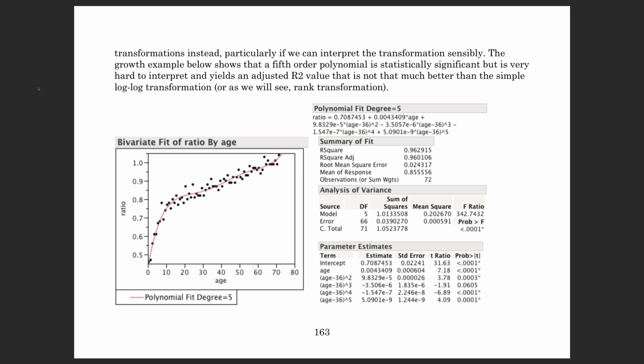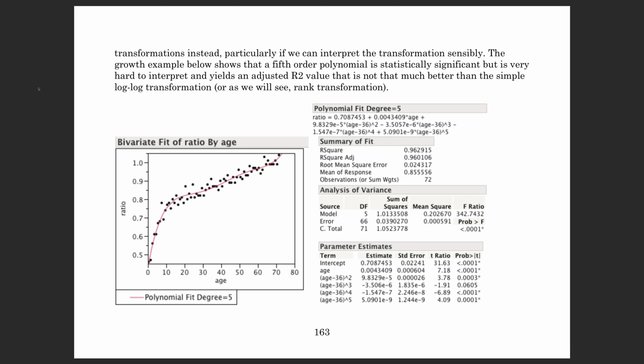But I want to illustrate this through the growth example. On the left-hand side here, we again have the growth curve example we looked at under the simple linear regression. But what I'm showing you here is not the simple linear model, but the fifth order polynomial.